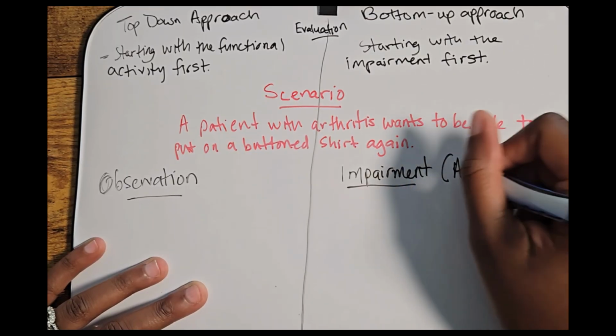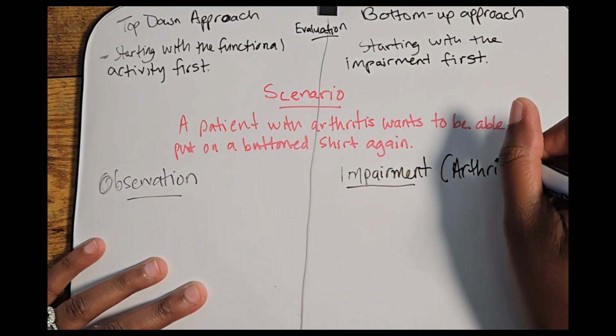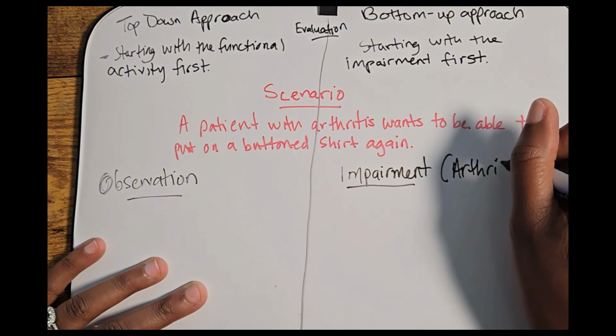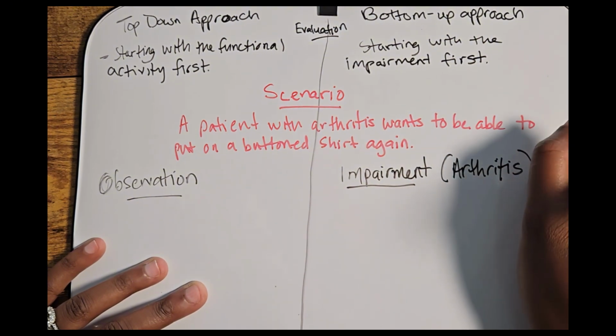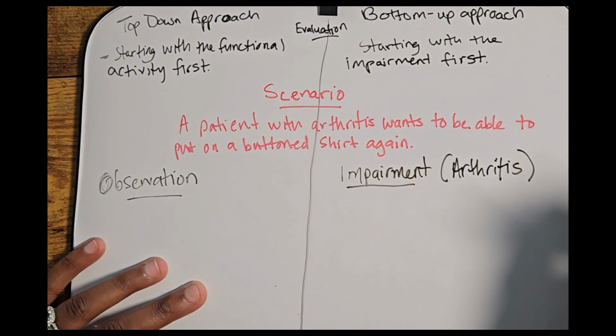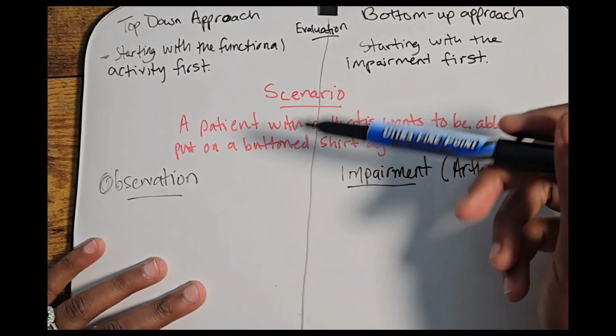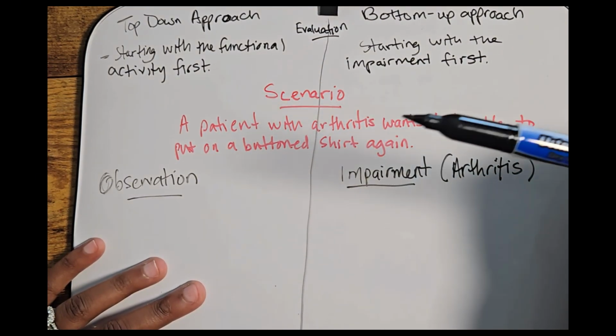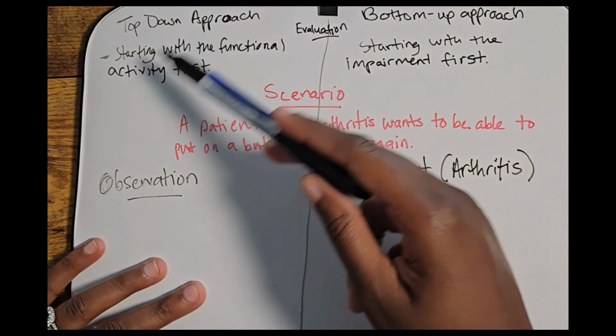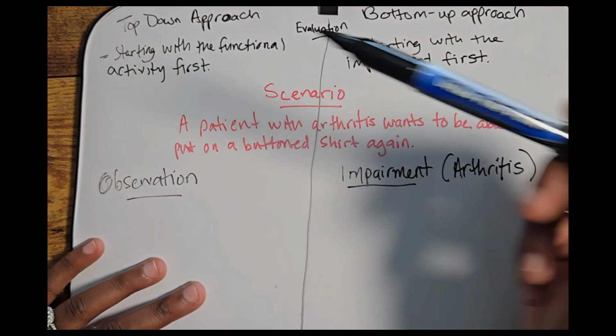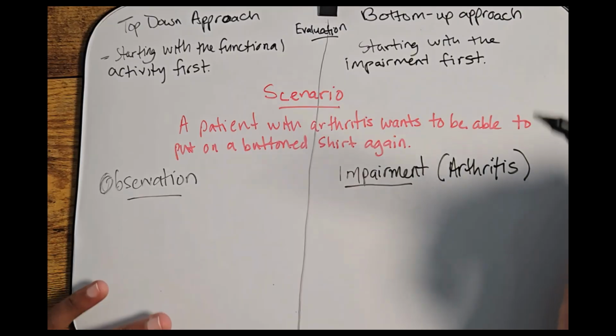Arthritis. Okay. And a lot of times when the OTR is doing an evaluation and the COTA is collaborating, we generally are going to be working in the top-down approach realm for the most part.